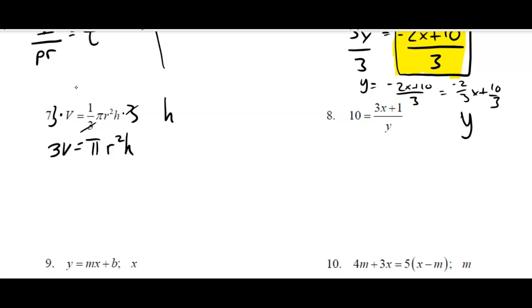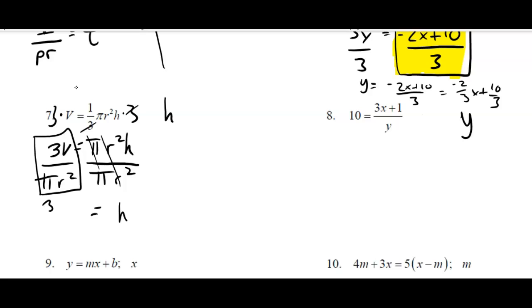And now since these are multiplication, we can do them all at once. Divide by pi r squared. And then I do the same thing over here. And again, that's my answer. Because these cancel, h equals 3 times the volume divided by pi r squared.